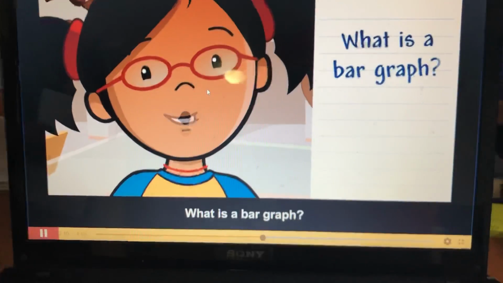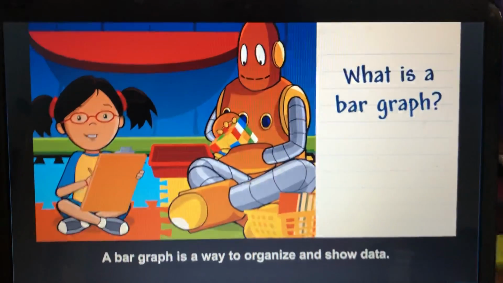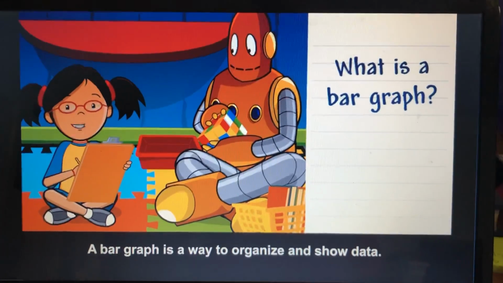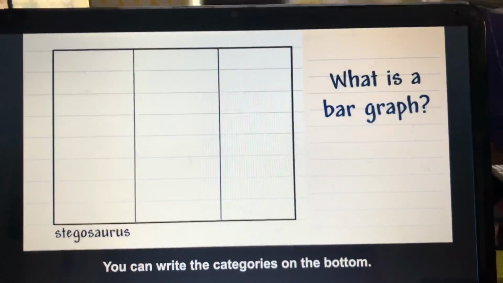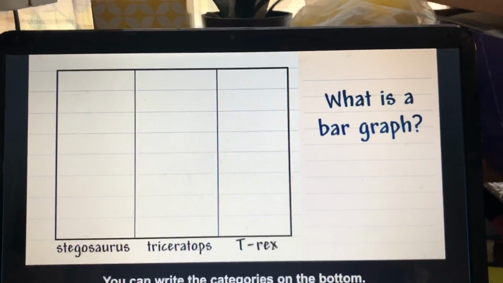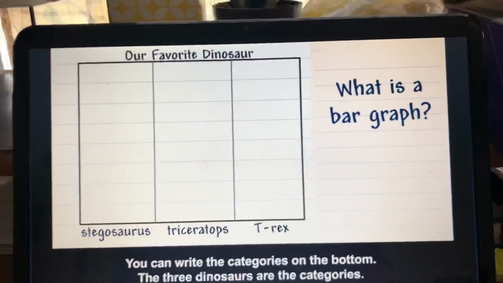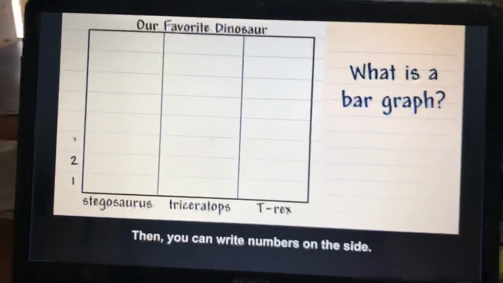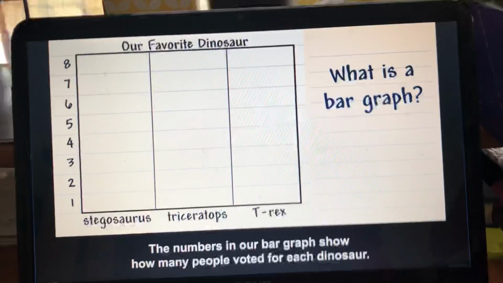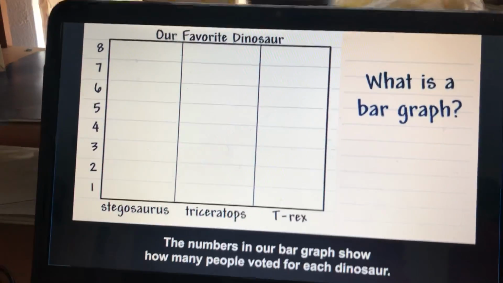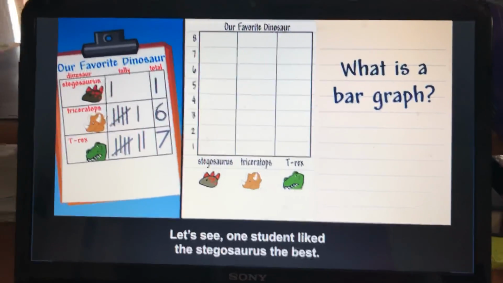What is a bar graph? A bar graph is a way to organize and show data. You can write the categories on the bottom. The 3 dinosaurs are the categories. Then you can write the numbers on the side. The numbers in our bar graph show how many people voted for each dinosaur. Let's see.